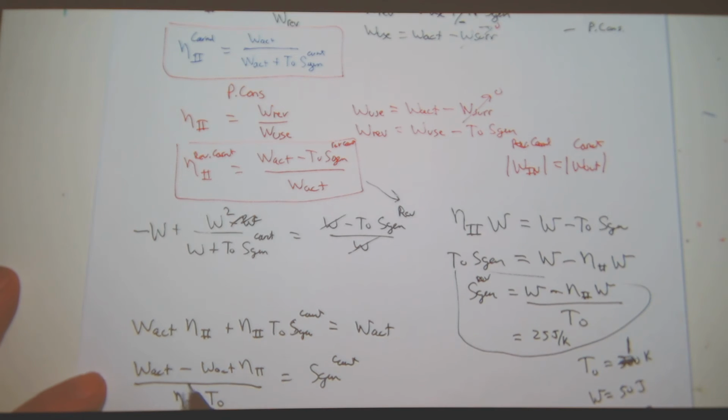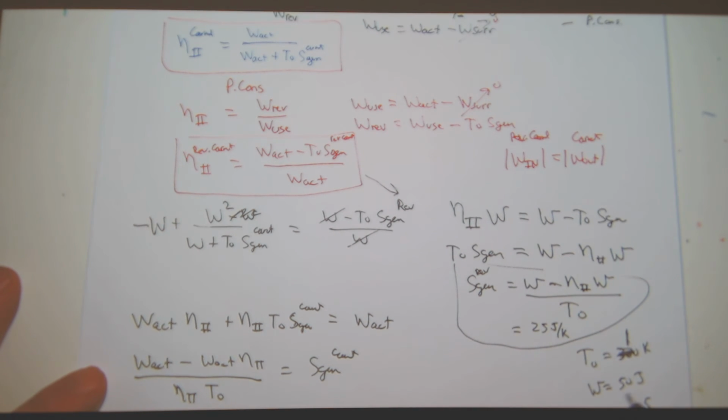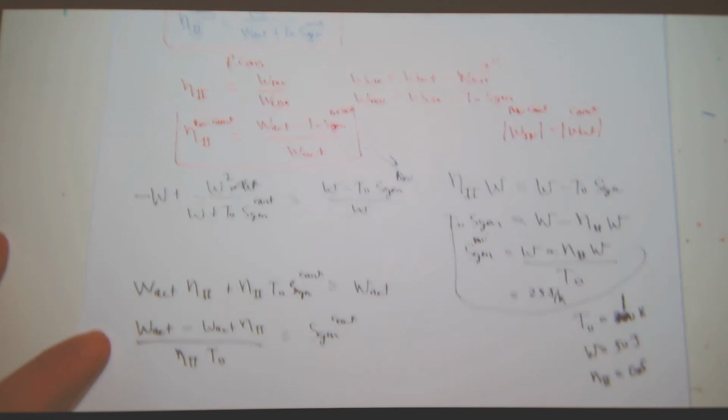And so then when I plug this in, I can plug in numbers. Now again, the work is still 50, and the temperature is still 1, and I still have the same second law of efficiency.